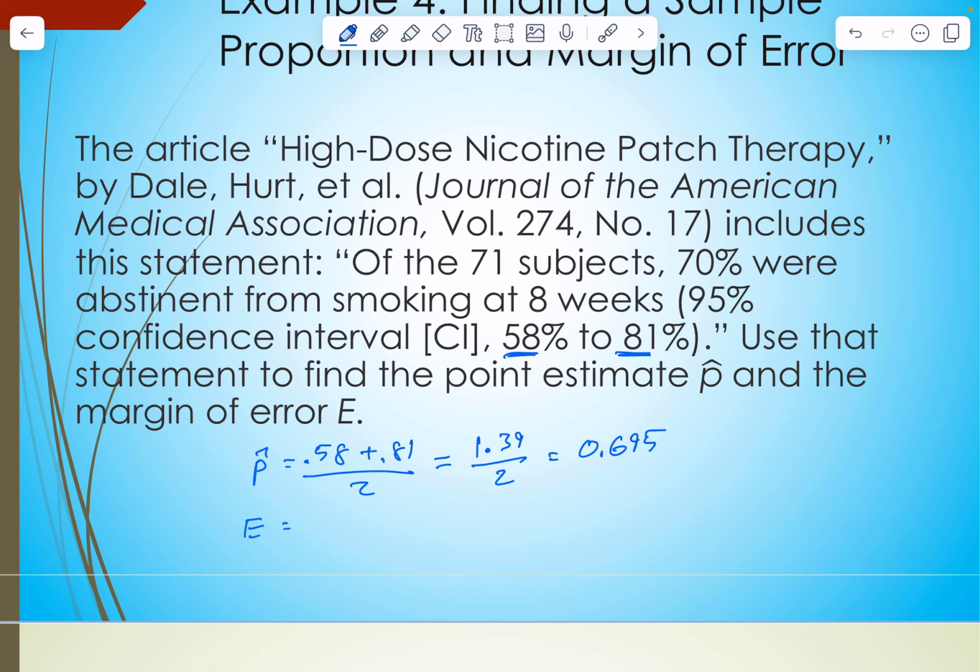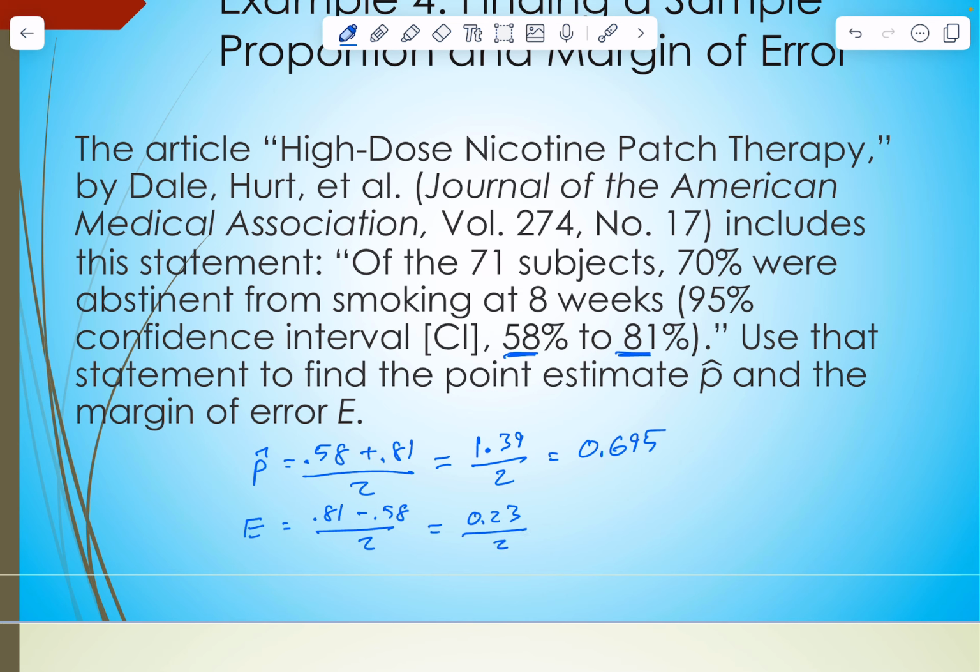Now they want us to find the margin of error. The margin of error is the difference between these two endpoints divided by 2. And so the difference here is going to be 0.23.